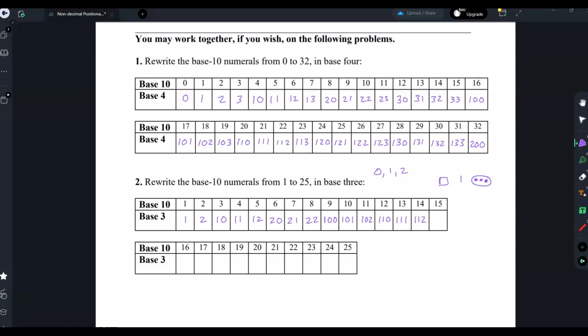Next, I get a 3rd unit, which gets regrouped. So those 3 units become another rod, and now those units are gone. So this is 1 flat, 2 rods, and 0 units. When I move to the next numeral, I'd add another unit to that. So now we have 1 flat, 2 rods, 1 unit. Next numeral gives me another unit, 1 flat, 2 rods, 2 units.